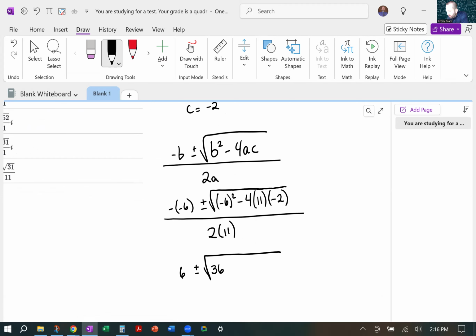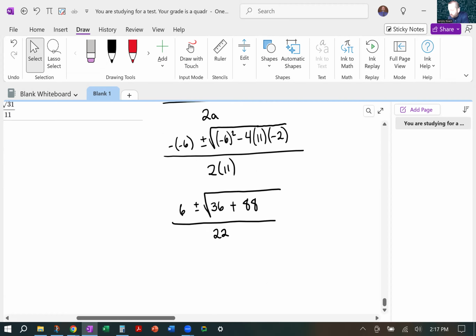Now this next part, we have 2 negative numbers left over, so that means this is going to be a plus. 4 times 11 is 44, times 2 gives us 88, and this is all divided by 22.